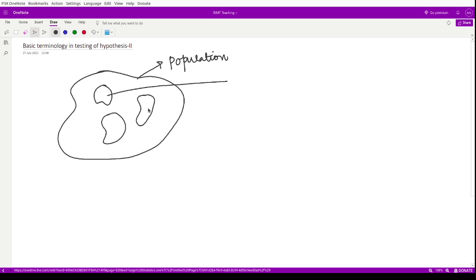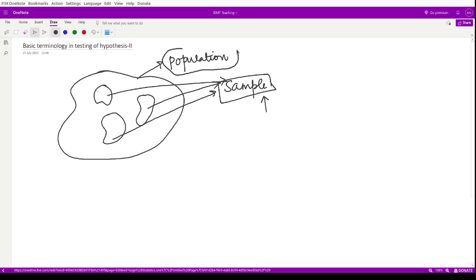And the smaller sets from here contribute to be the sample. We do the statistics on the sample, make decisions on the basis of the results of this sample, and then we predict certain things about this population. So this is the funda in the testing of hypothesis that we already studied.